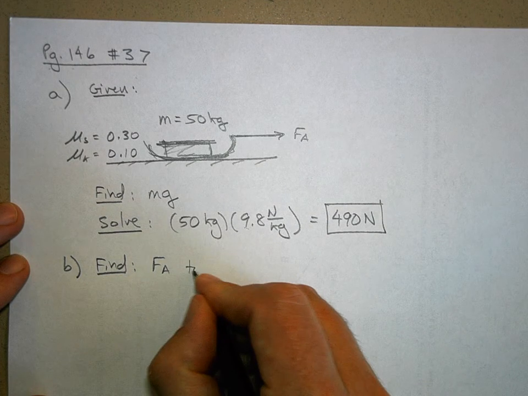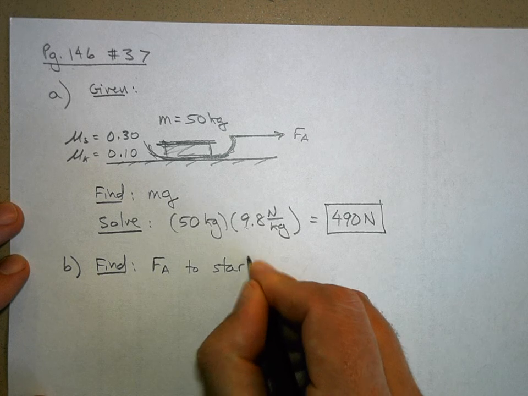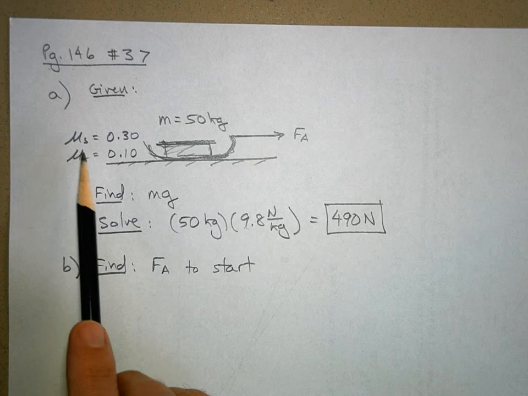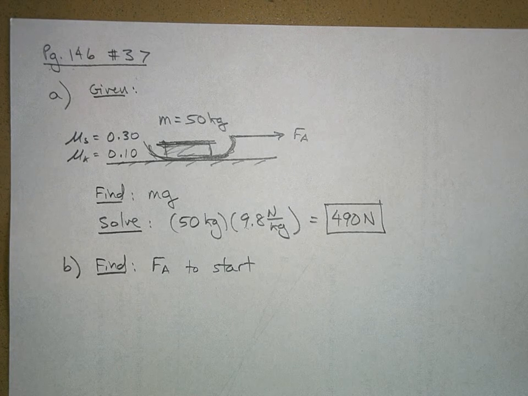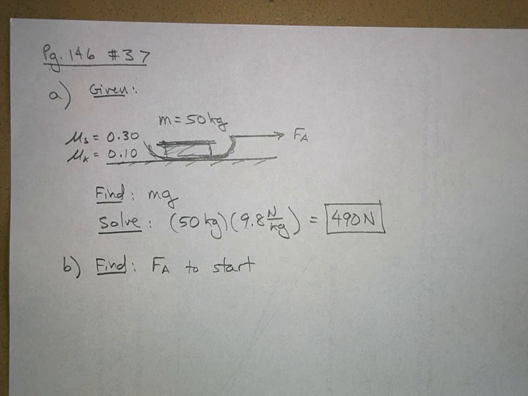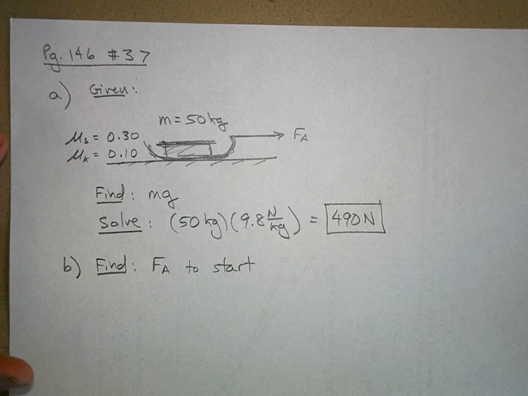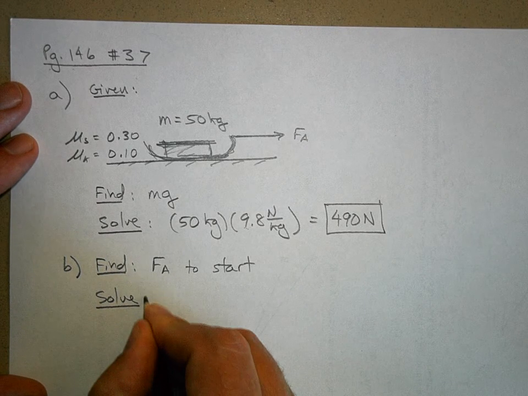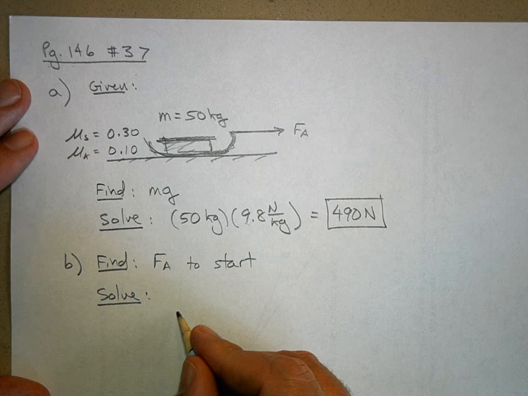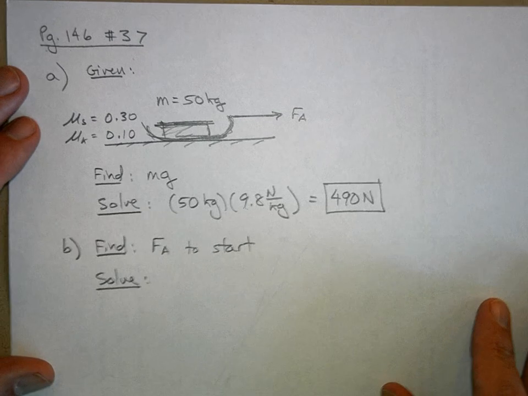FA to start. Now they call this the static coefficient of friction, but I think one way of thinking of that S is the starting coefficient of friction. Because here's what we're going to solve now. Now we're going to draw the free body diagram. Use the procedure to solve the problem.